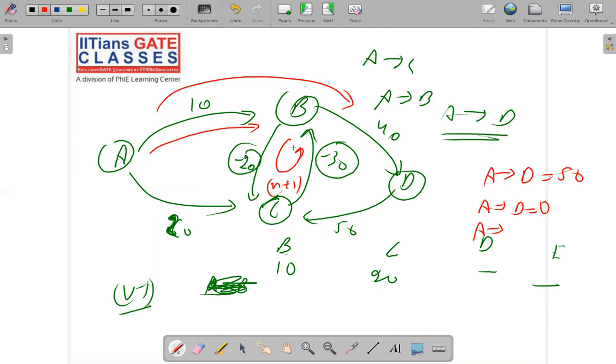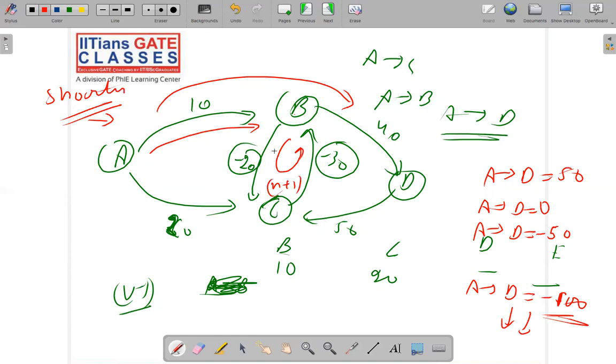Once you repeat this cycle, A to D will be minus 50. Once you iterate it 2 times, so you go to B and iterate 2 times here, then go to D, A to D will be minus 100. So it will keep on decreasing. So these shortest paths are not valid.